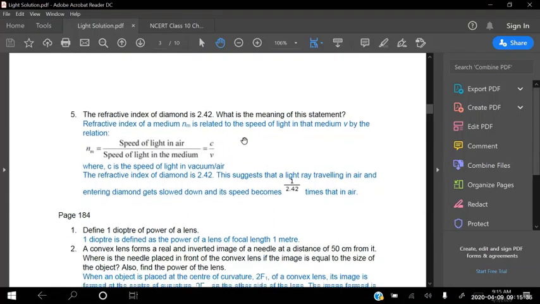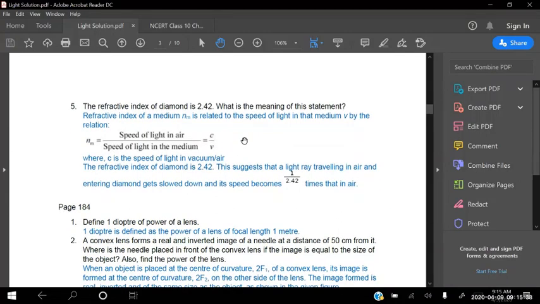Refractive index of diamond is 2.42. What is the meaning of this statement? Now this question is asked many times with other different types of optical densities, maybe sapphire, maybe some other, in place of diamond they can replace it. So whatever value is given, suppose it is 1.4, 1.6, anything they have given, just write the formula like this, c upon v, and refractive index of diamond will be replaced with that medium, and then the value will be given.